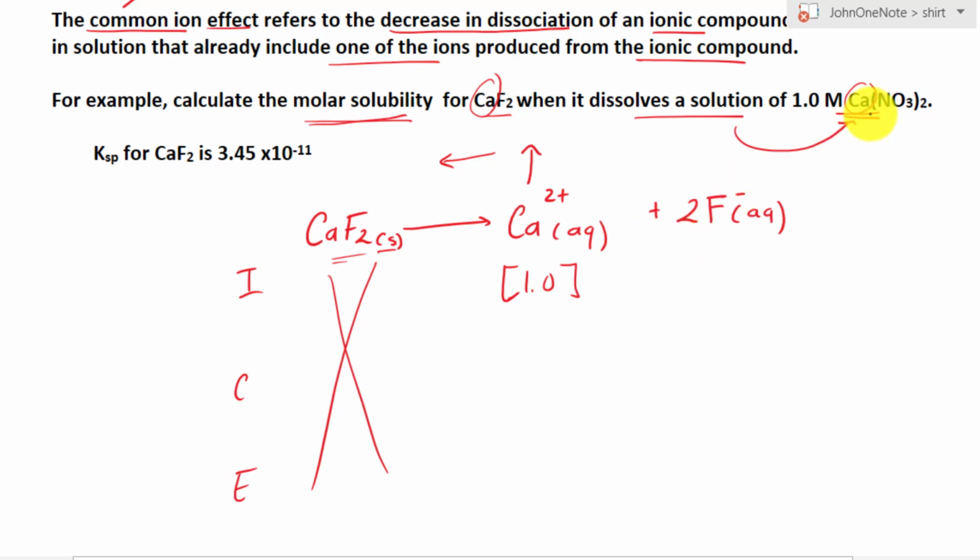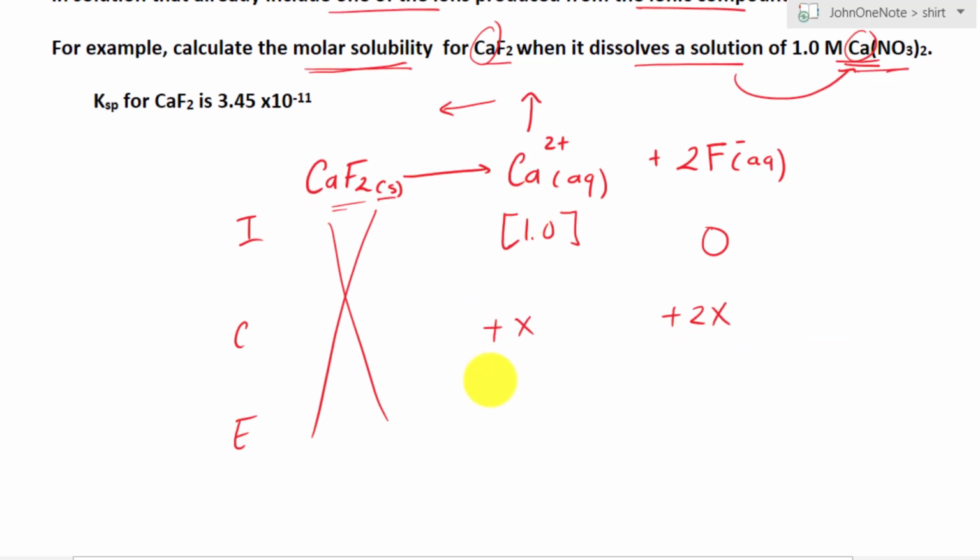This is not included in that solution, so we have 0, just like we had before. And the change, of course, will be plus x, and over here will be plus 2x. And then at equilibrium, we have 1.0 plus x, and here we have 0 plus 2x, which gives us 2x as well. So this is at equilibrium.